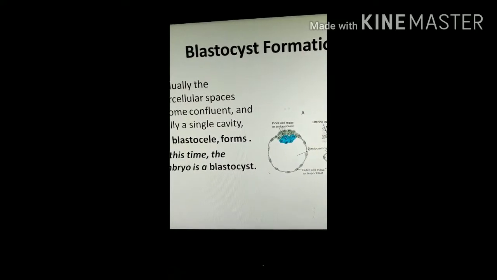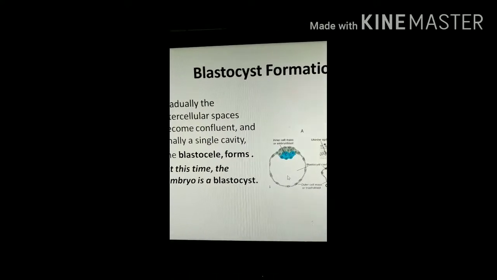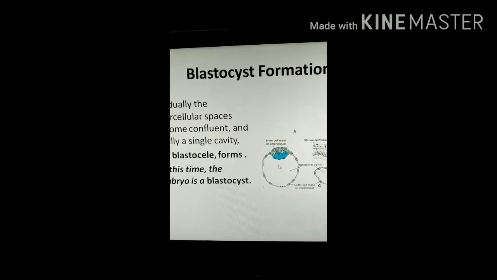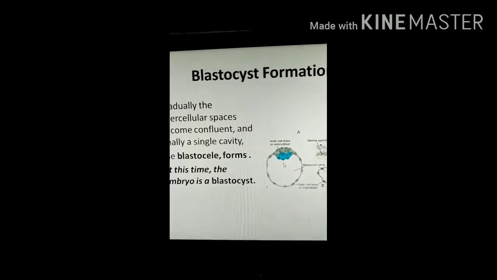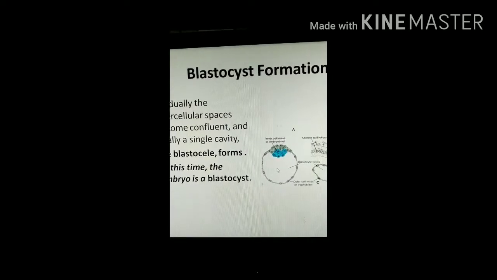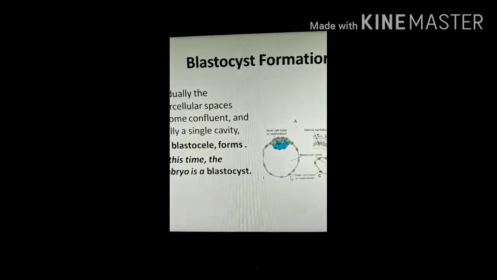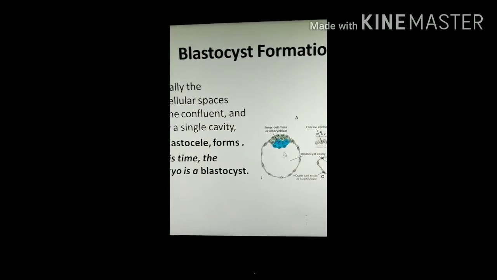At this time, the embryo is known as the blastocyst, but previously it was known as the morula. When the fluid enters, the spaces become confluent and a single cavity is formed, it is known as the blastocyst, and the cavity is the blastocele.